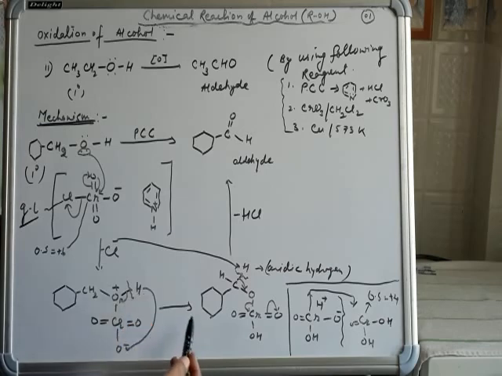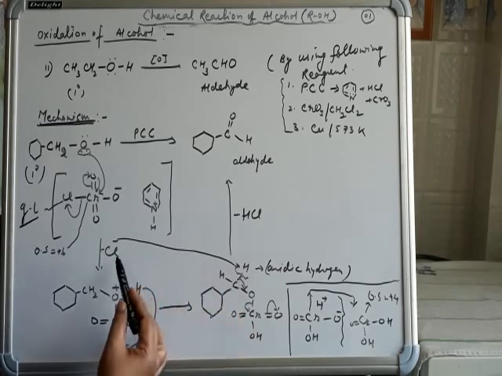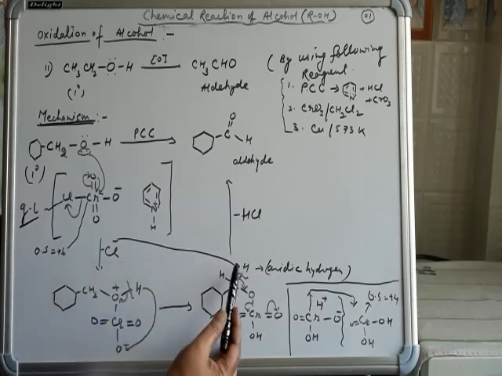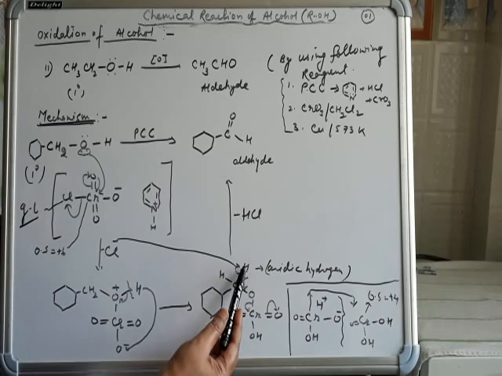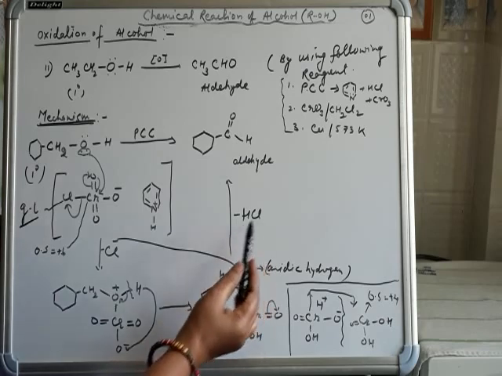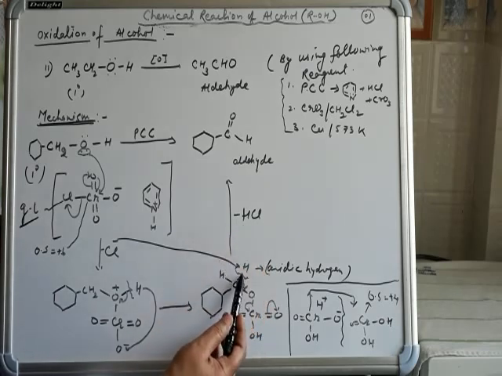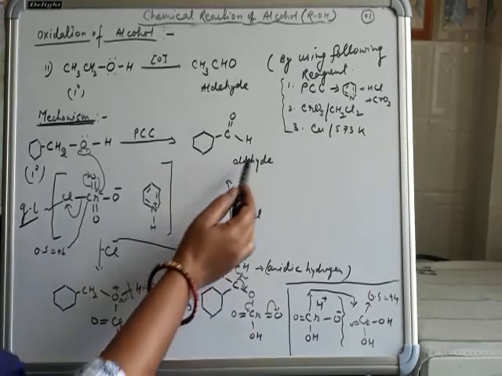Now we have a compound in which carbon is attached to this main group oxygen, and here are the 2 hydrogens which are acidic in nature. So the chloride removed during the reaction approaches the H plus, donates the electron to this H plus ion and is released in the form of hydrogen chloride, and the bond shifts between the carbon and oxygen. Here the formation of aldehyde takes place.